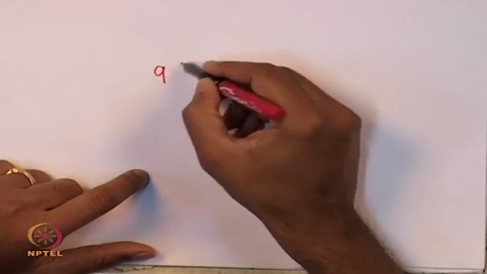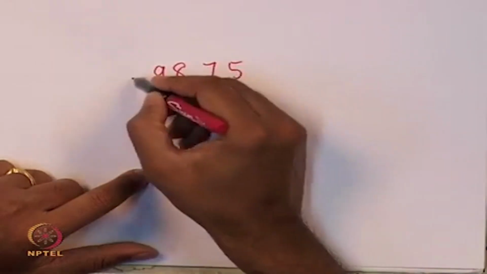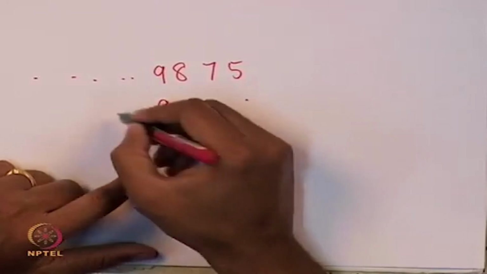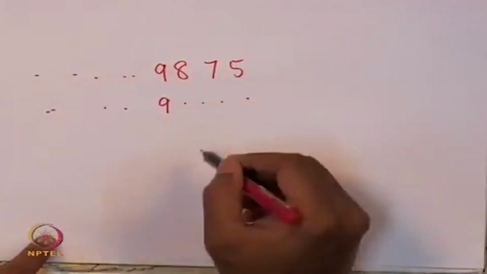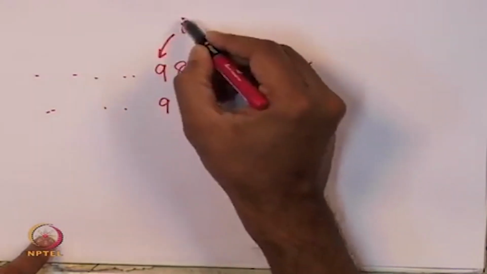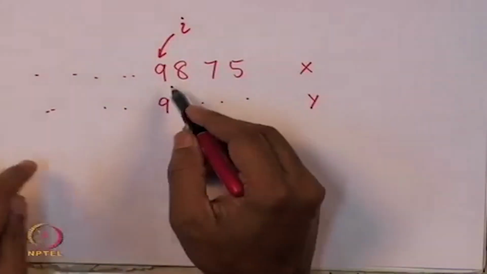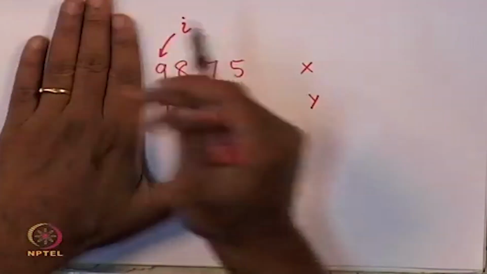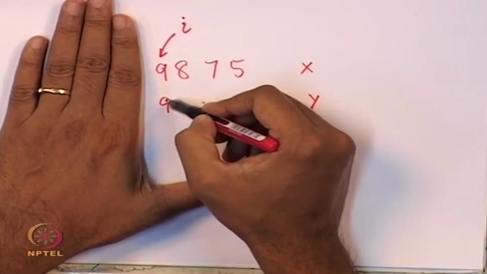So let's look at an example here. I'll take numbers instead of bits. Let's say I'm going to compare these 2 numbers. Let's say this is a number x and this is a number y, and I'm going to look at location i. I can say that without looking at what is going to happen on the left side. I look at positions here and here.